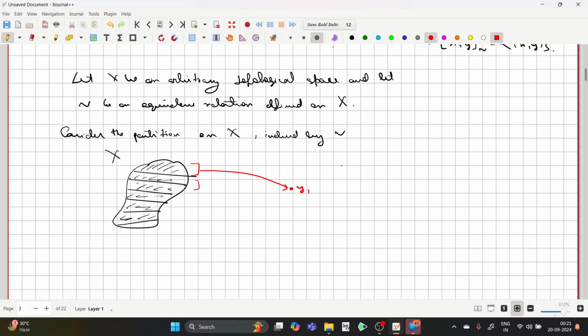For example, I identify this with some point y2, and so on, and this with some point yn, and I find a collection of all these points y.